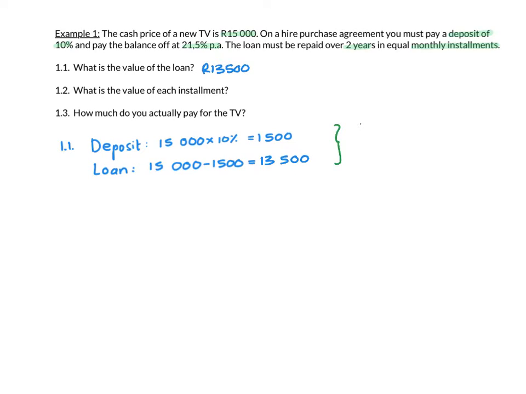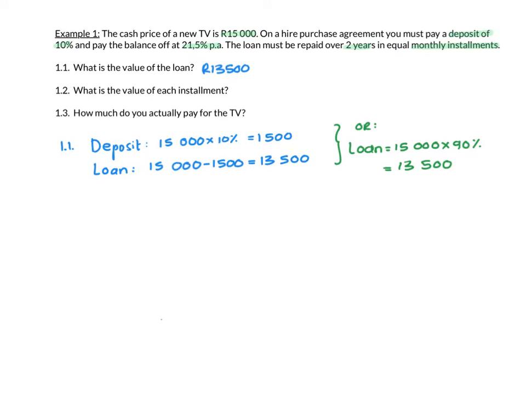This is because since the deposit is 10%, 100% minus 10% gives me 90%. So I could say 90% times 15,000 Rand gives me 13,500 Rand. This way you don't work out the value of the deposit.